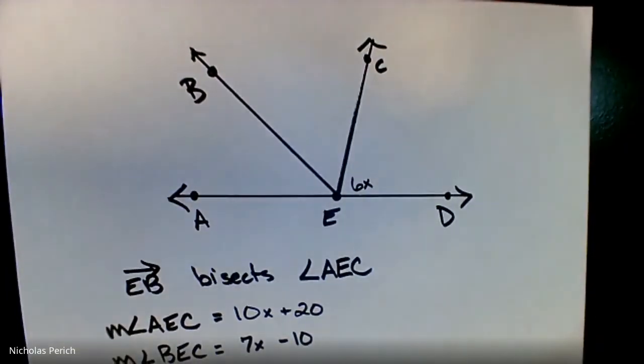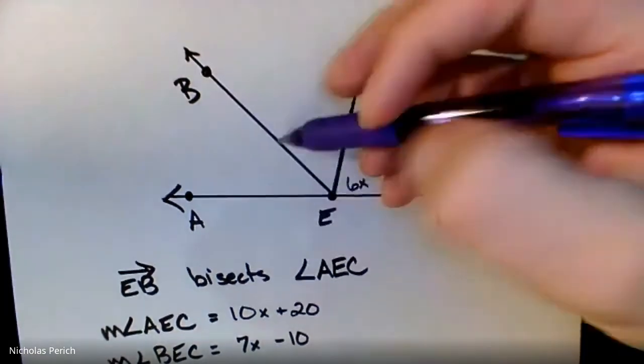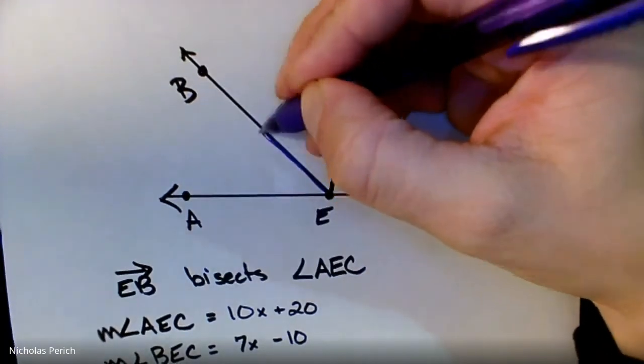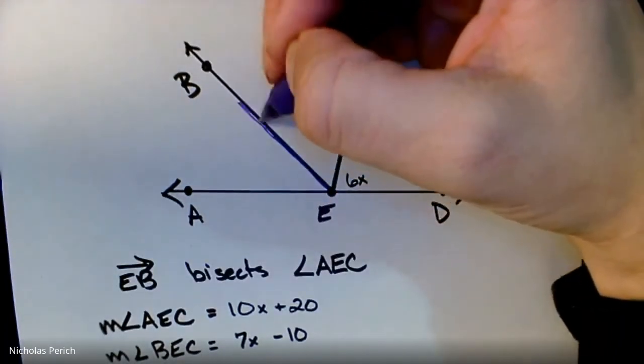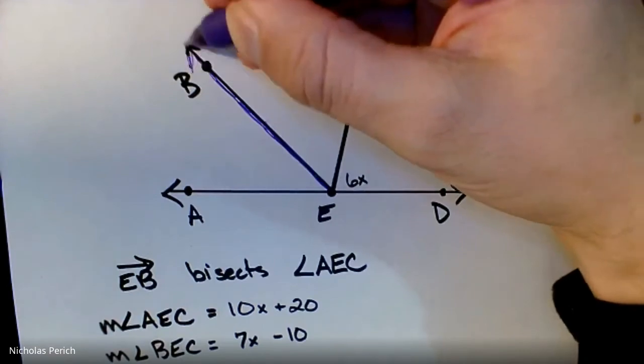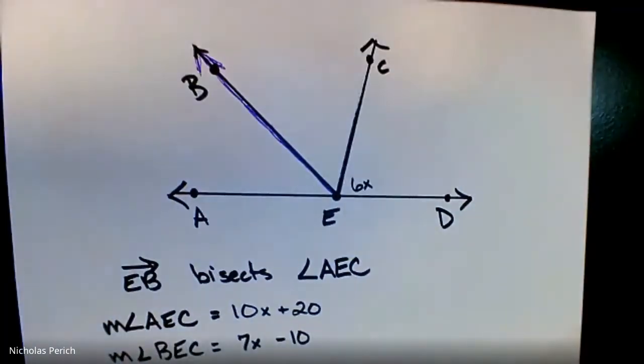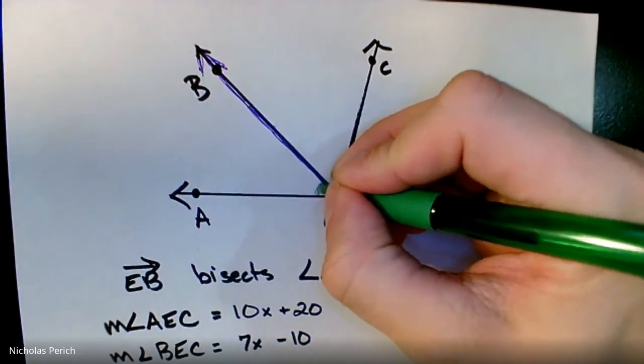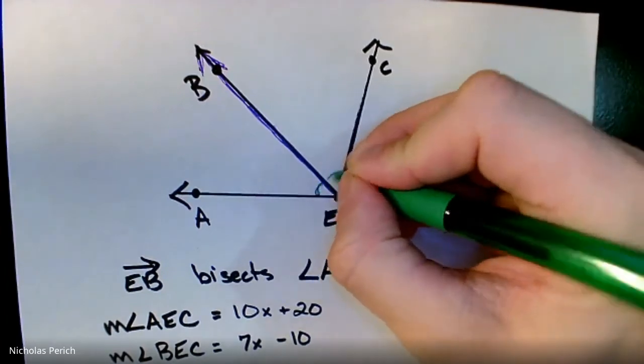Okay. EB is this guy right here. That is an angle bisector. So I'm making it nice and purple. That's EB. EB bisects AEC, which means EB cuts it in half. So whatever that guy is, that one is also.